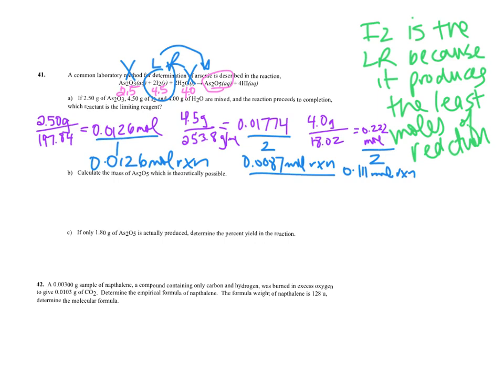Calculate the mass. That's the theoretical yield. So now we're going to take those moles that we just said were the limiting reactant moles, 0.01774 moles of our I2.